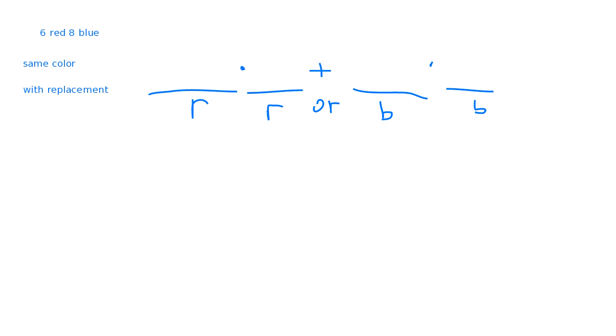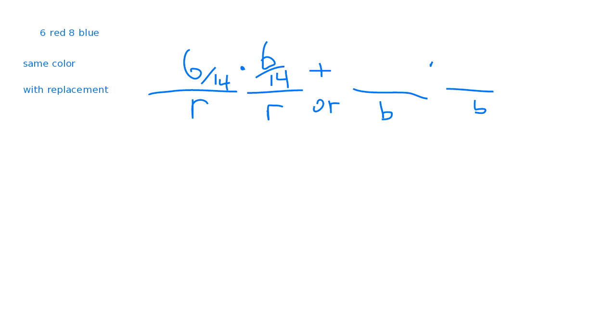So there's 6 red out of 14. I'm sorry, we're not keeping it. We're putting it back. With replacement means put back. So if you put it back, you still have 6 red to choose from out of 14. And the same with the blue.